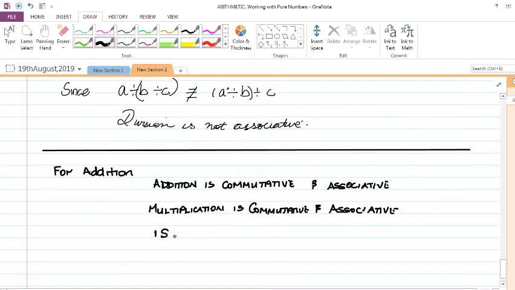Subtraction is neither commutative nor associative.